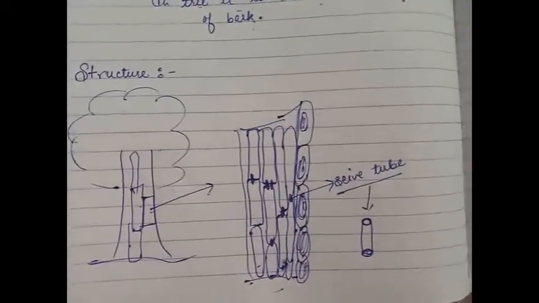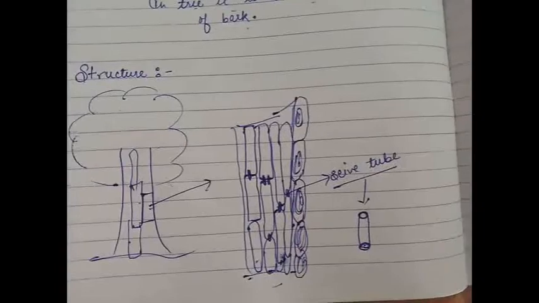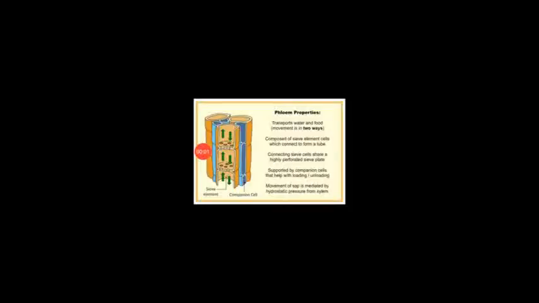Now we will study the structure of the phloem. Phloem basically occurs in all higher plants and consists of both living and non-living cells. Phloem tissue is also a complex tissue that consists of both parenchymatous and sclerenchymatous cells.